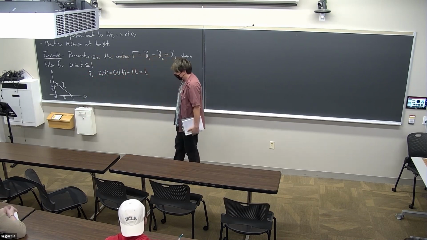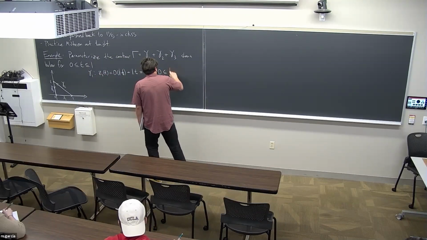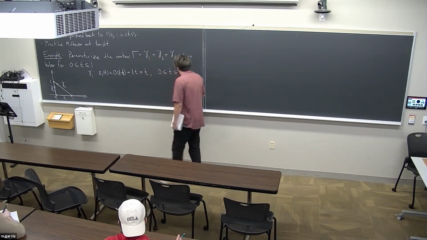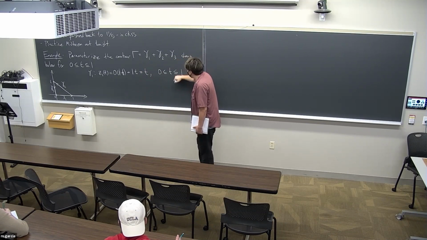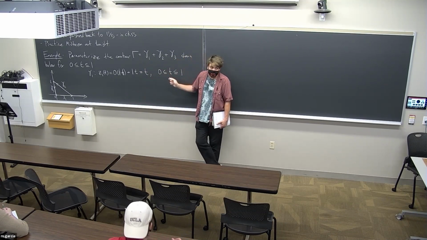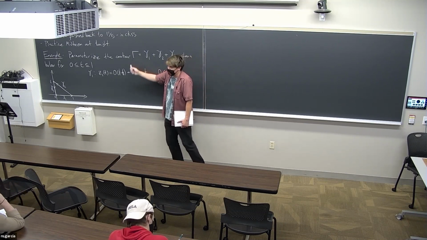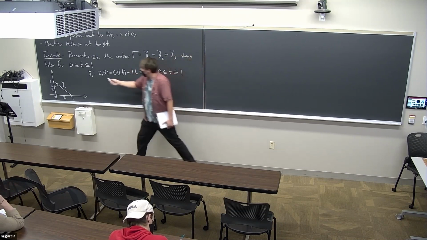Right? So think of what happens. Of course, here I'm just taking a kind of a standard construction for a line. I'll start by doing a naive thing and just parameterizing each line segment from 0 to 1. And then I'll change the domains of each parameterization so that I get a parameterization of capital gamma that runs from 0 to 1.